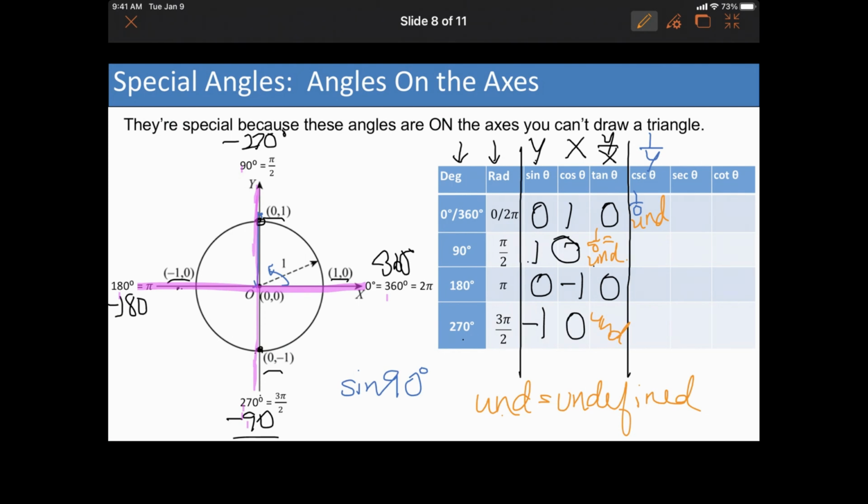So guess what happens to this next one? It's going to be 1, right? So secant is the reciprocal of cosine, so it's going to be 1 over x. So 1 over 1 is 1. Nice. And then this one, again, it's going to be the reciprocal of 0, which is undefined.